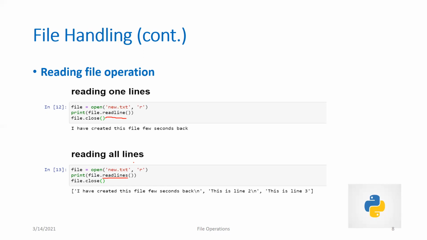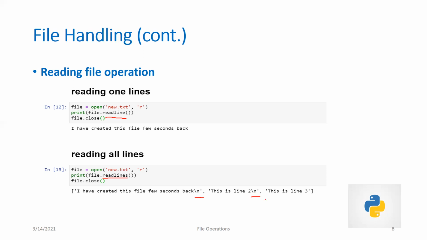Then if I want to read all the lines, I can use readlines. And you see a strange thing here. The newline character appears in the output, as a separate element in a list. So this newline shows that the next line will appear on the next line, and there is another newline in the second line.